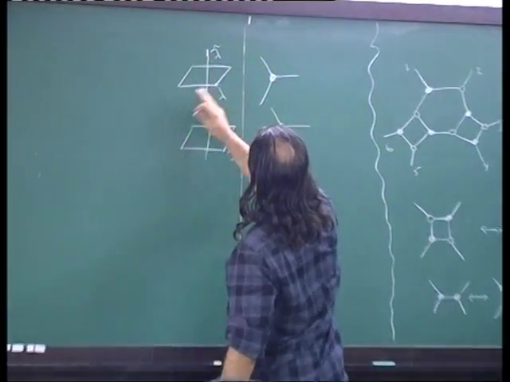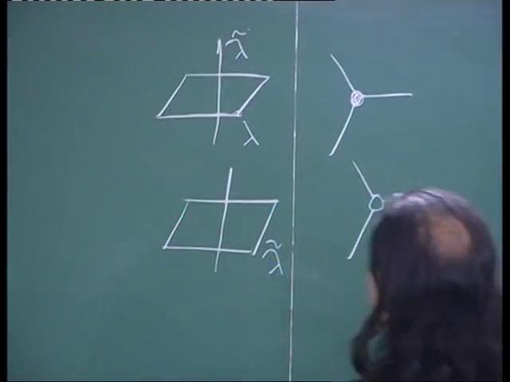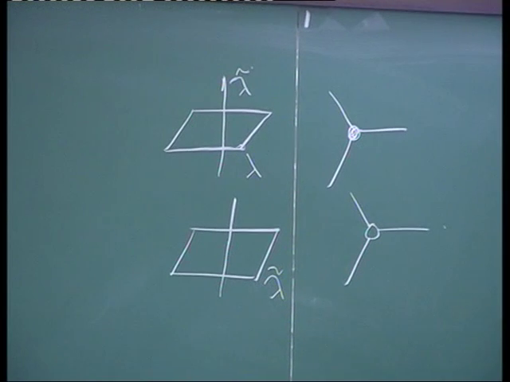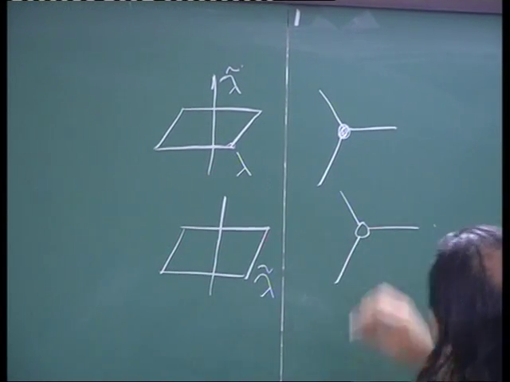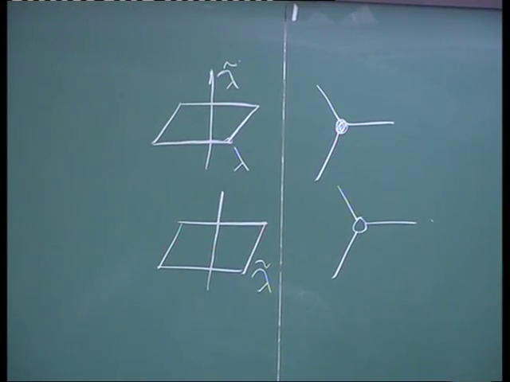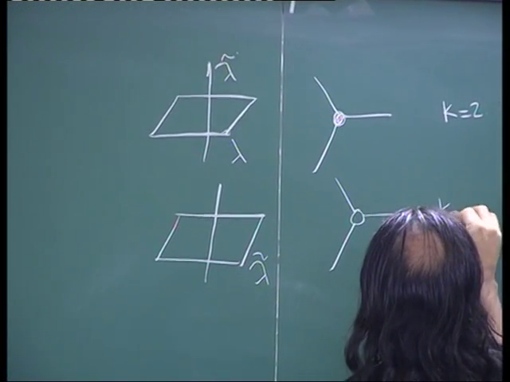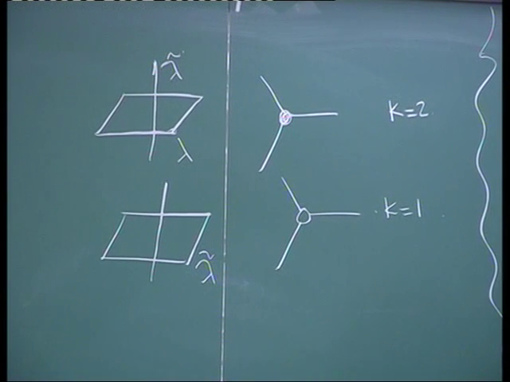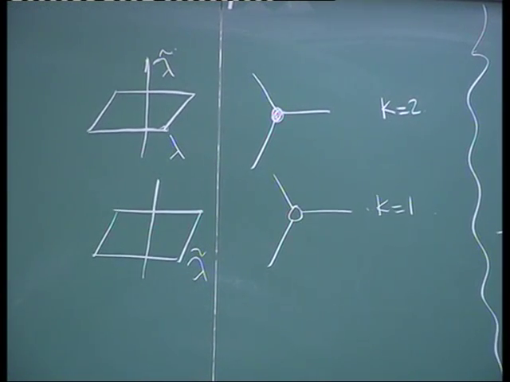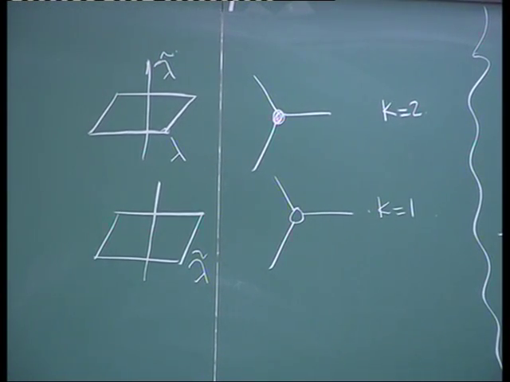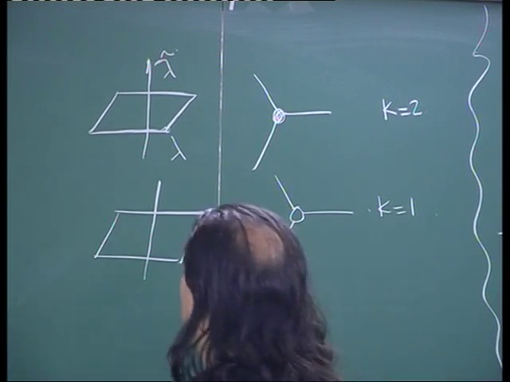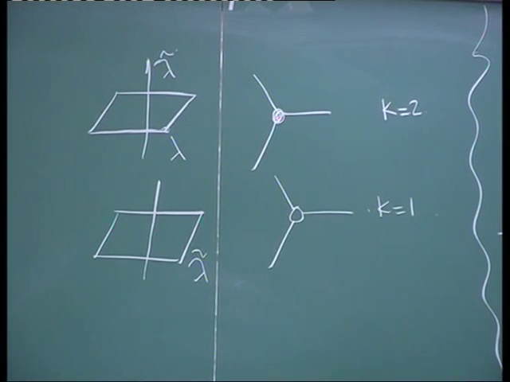The one where the lambda tildes are all parallel and the lambdas are generic are the black vertices, the other way around are the white vertices. And we associated these in the supersymmetric theory with the k equals 2 and the k equals 1 amplitudes. These are completely fixed, again, by Poincare and by super Poincare invariance in this case.